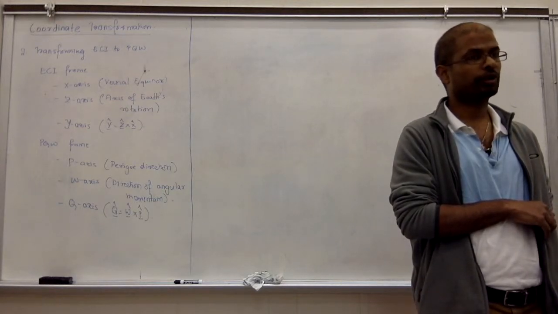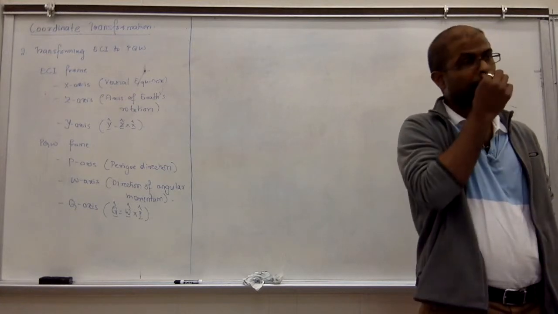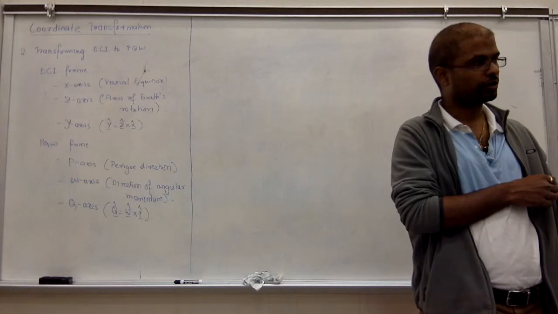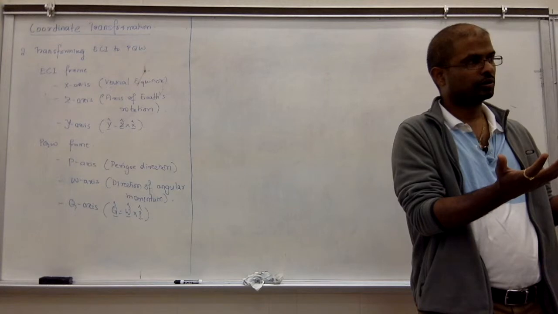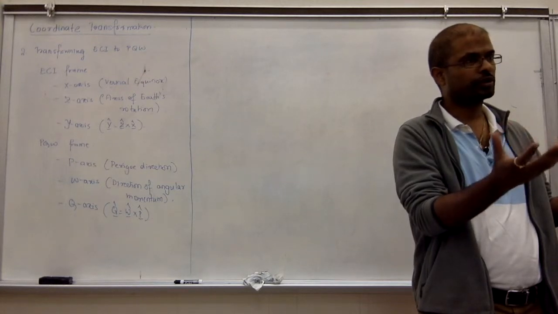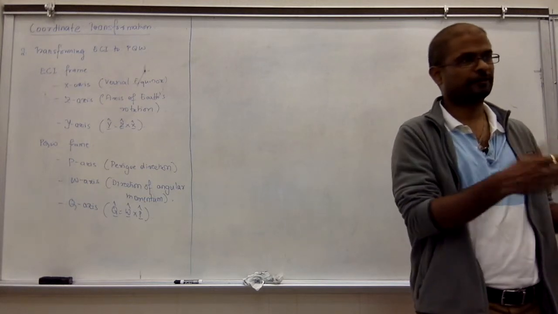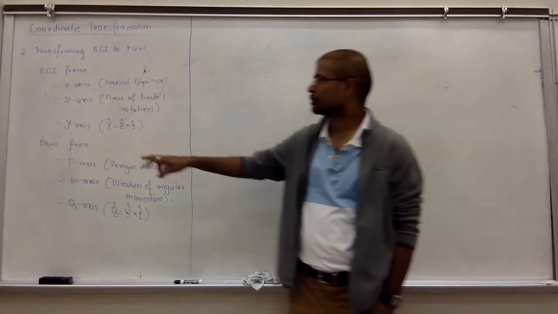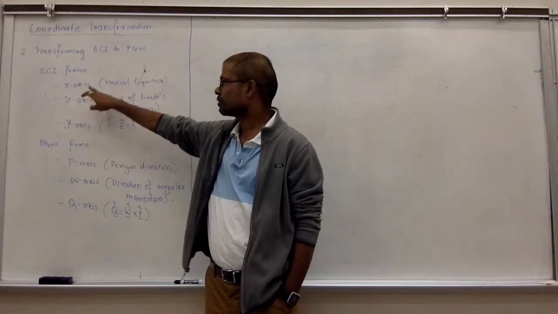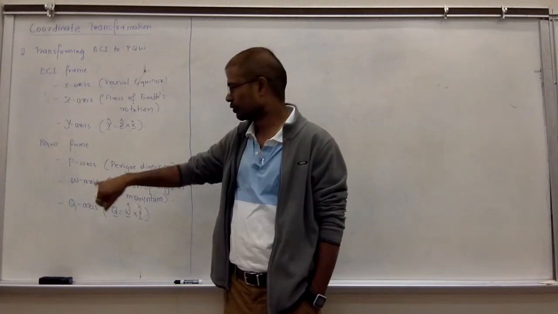Now, how do you define orientation? You have one reference coordinate system, and you have another reference coordinate system. The orientation of this reference coordinate system with respect to the other is the orientation. So this is your reference frame, ECI. This is another reference frame.